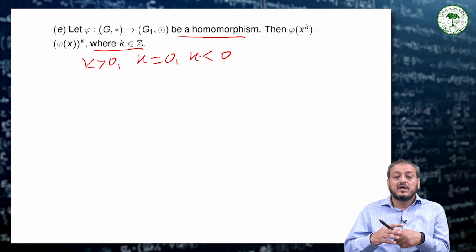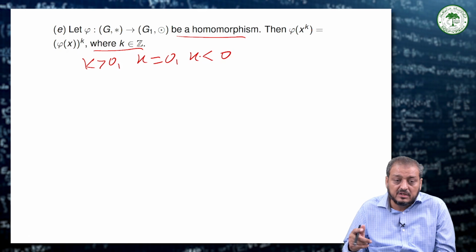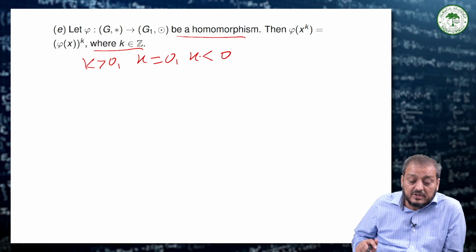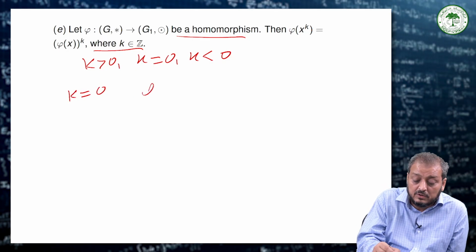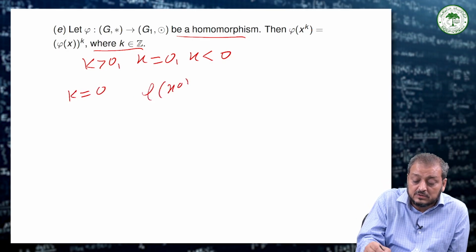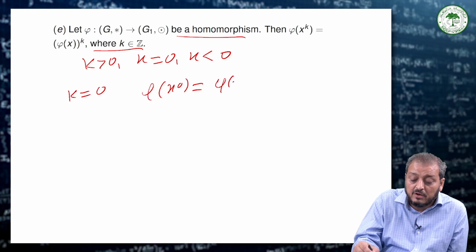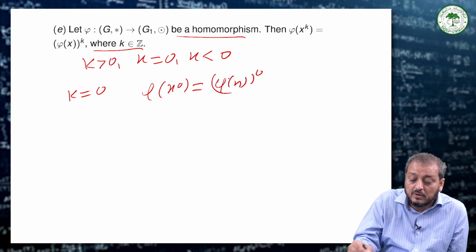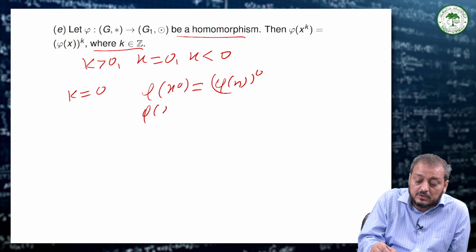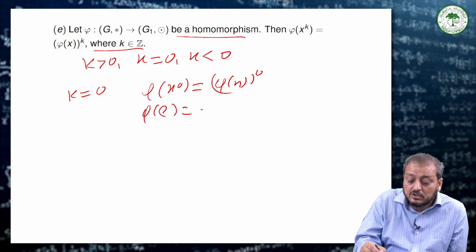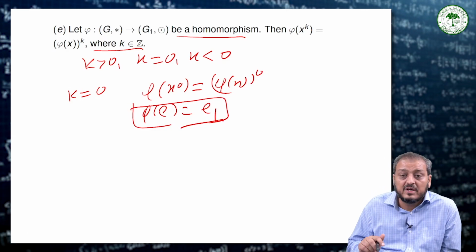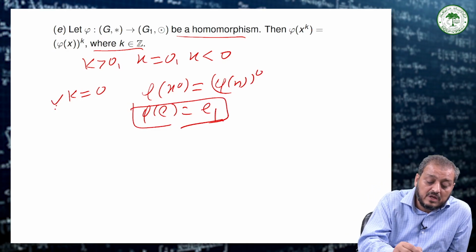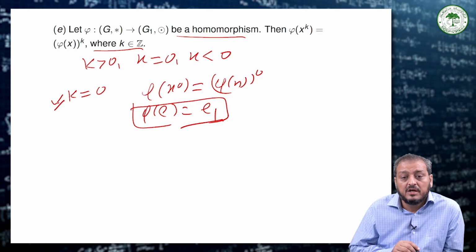First suppose k is equal to 0. Then phi of x to the power 0 is equal to E, the identity, and that is true by the first one. So for k equal to 0, this is trivial.